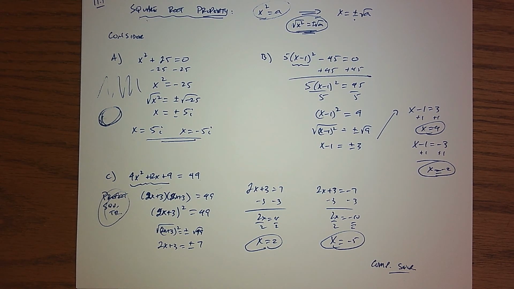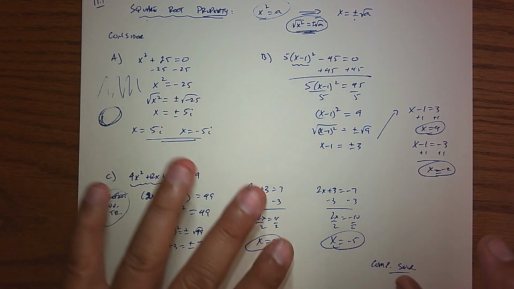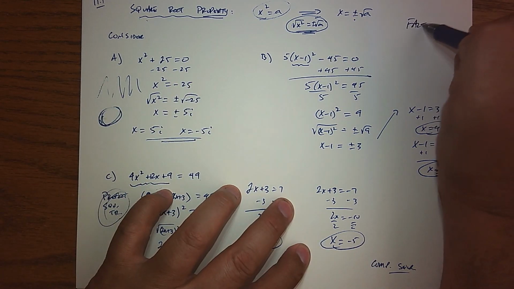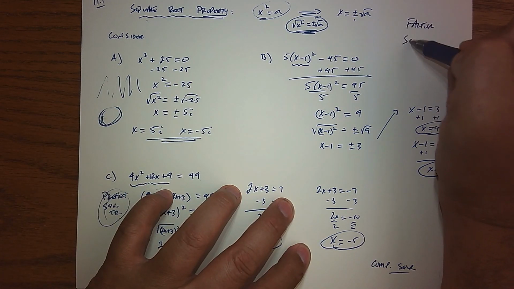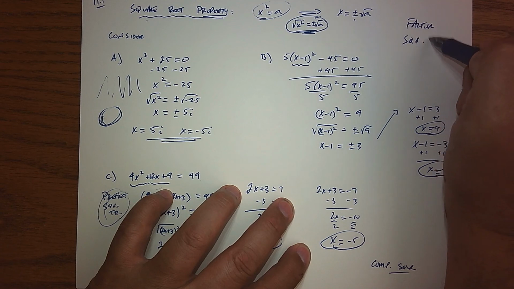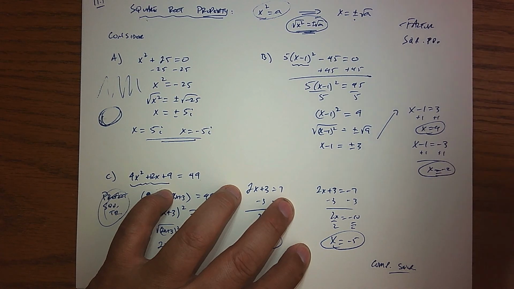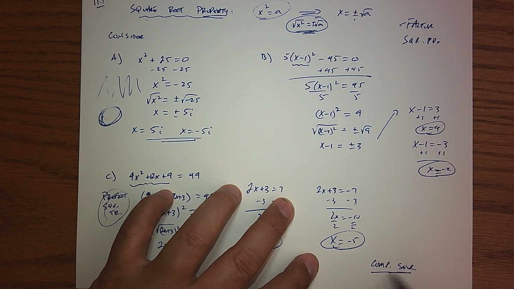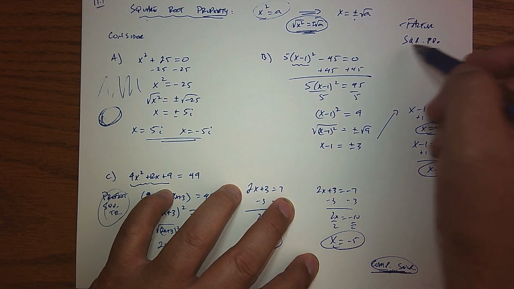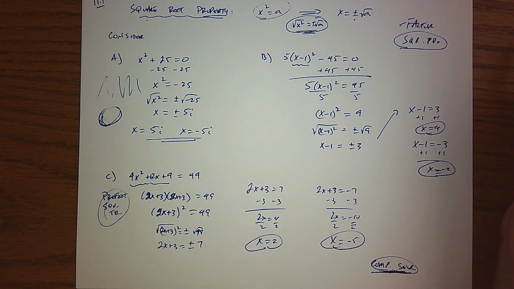So the idea then is, there's the square root property. So we now know for sure two ways to solve a quadratic, right? Factoring or the square root property. All right, and we're going to introduce ourselves to completing the square next, but it turns out that to complete the square, we're actually trying to invoke the square root property.